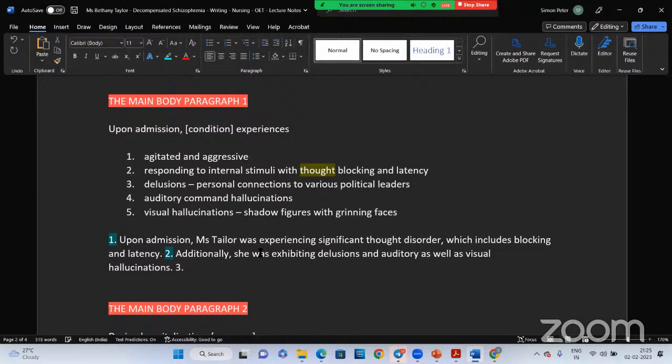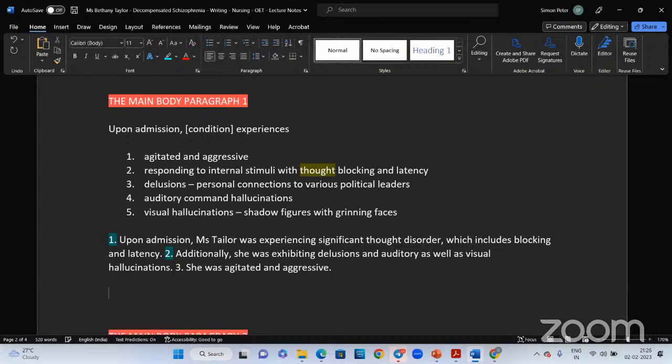Third: she was agitated and aggressive. This is the third sentence. So these are the three sentences.